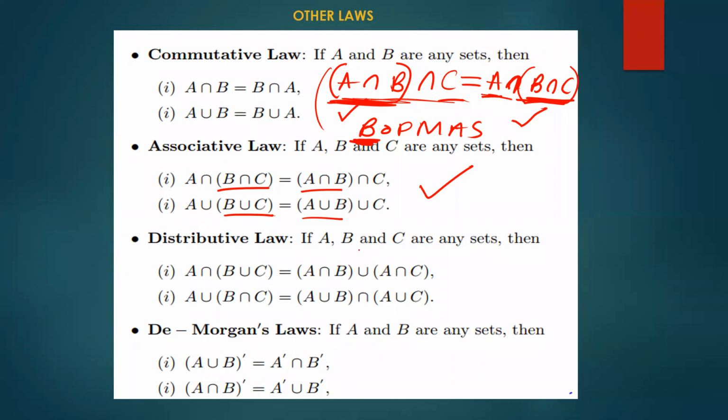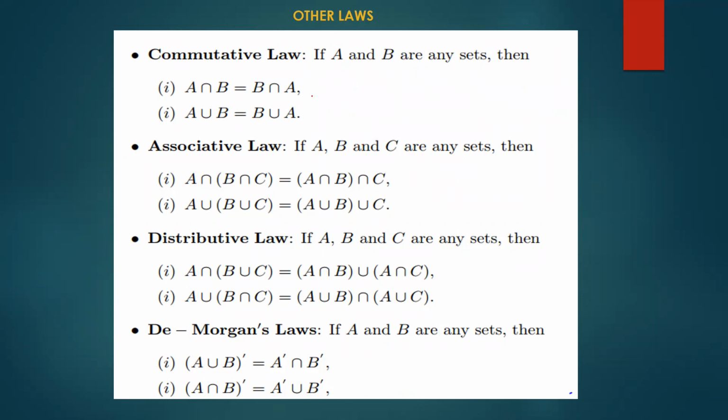Then the distributive law states that if you have anything in the format A intersection in brackets B union C, this can be distributed by getting A intersection B, then you get the symbol in between there, which is union, you put it in between.